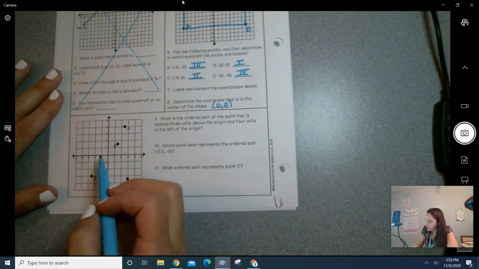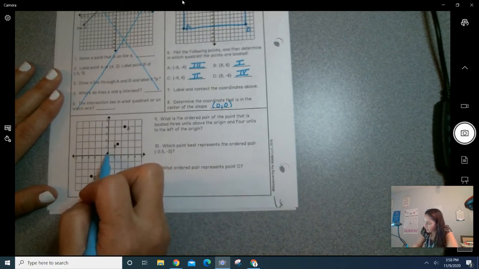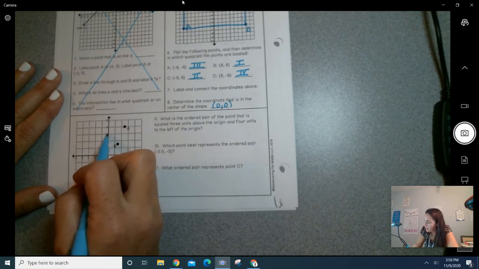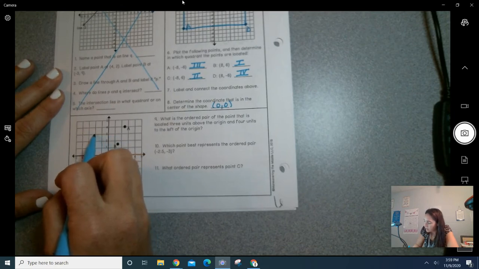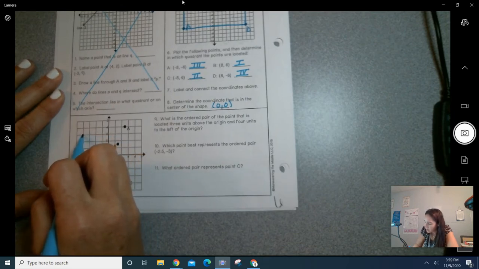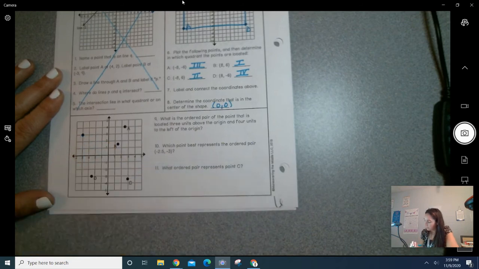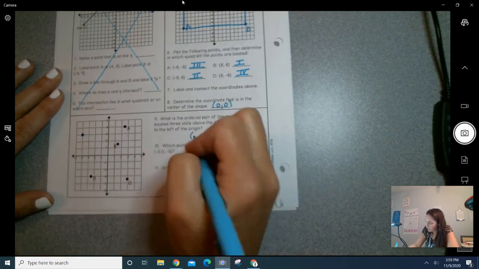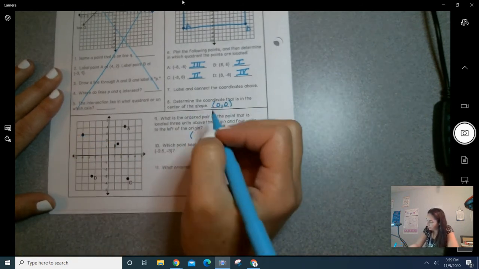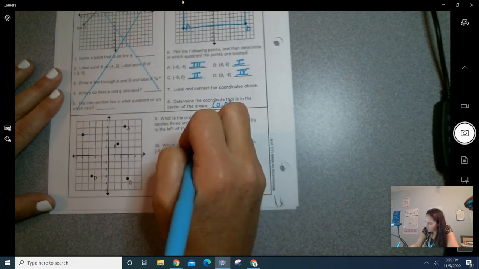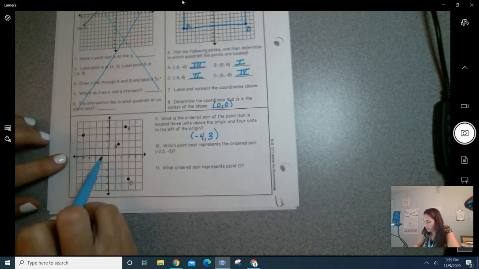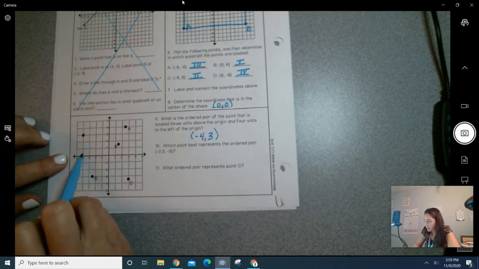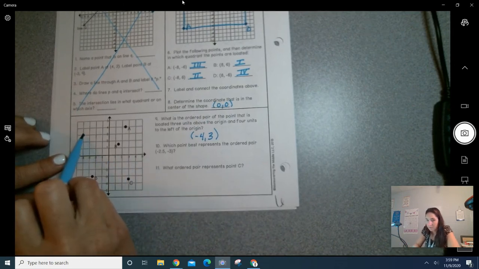So 3 units above the origin, we're going to go up 1, 2, 3, and 4 units to the left of the origin, 1, 2, 3, 4. So we end up right here, and that's going to be the point -4, 3.